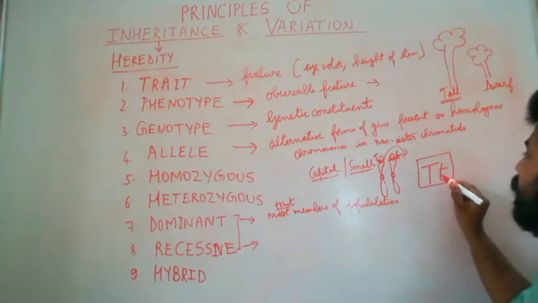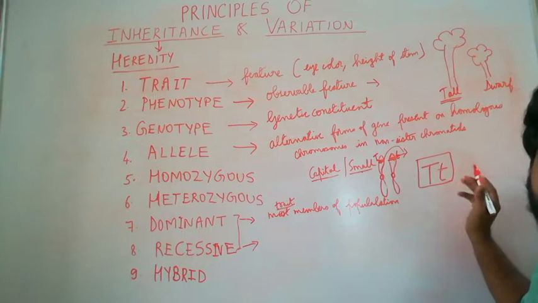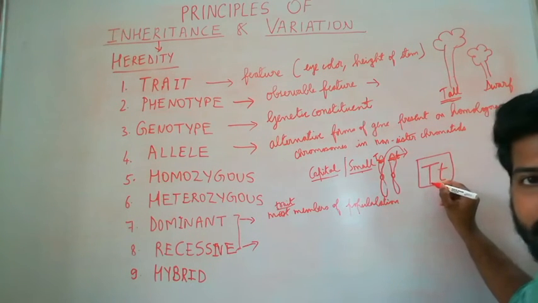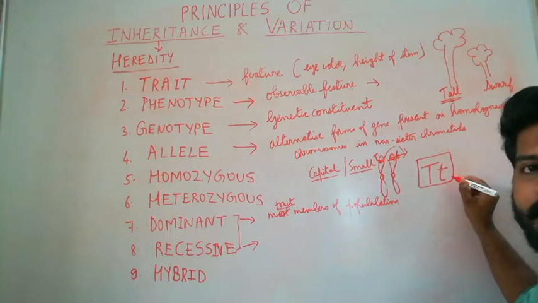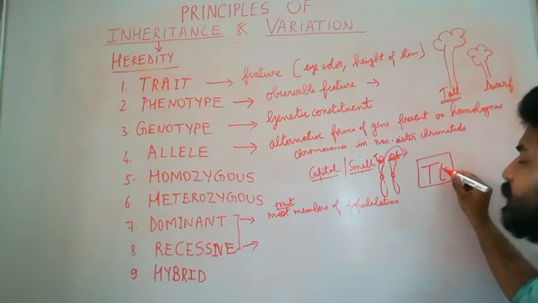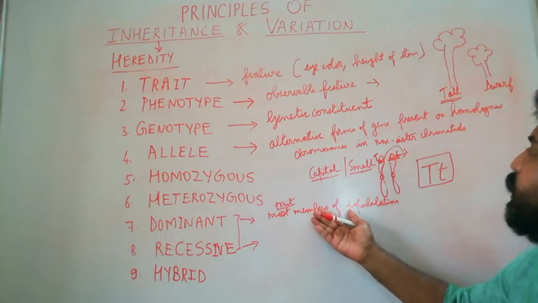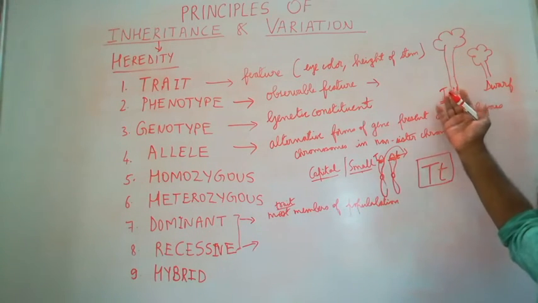When a dominant allele and a recessive allele are present together, the dominant allele will suppress the expression of the recessive allele. Because of that, the recessive allele cannot express itself. Therefore, most of the members will show the dominant trait, that is tall.